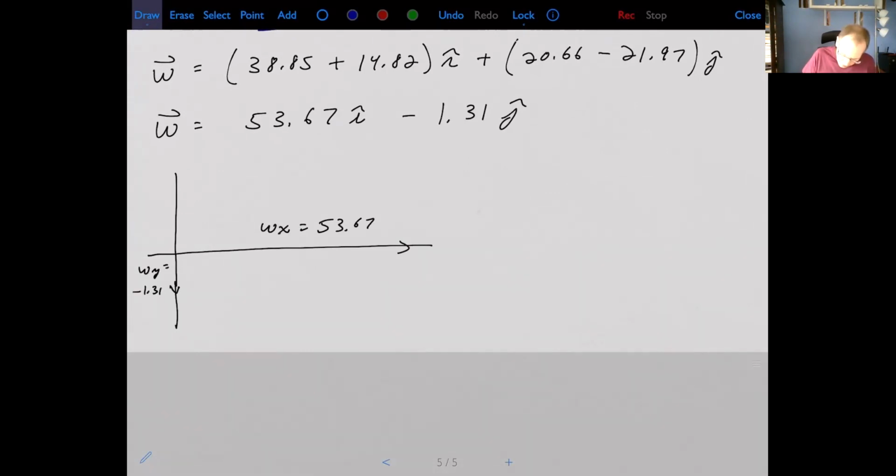So it looks like W is going to be in the fourth quadrant, or vector A minus B is going to be in the fourth quadrant. So it's going to look like this. And this is our angle. Let's call it phi again. So that's W. So how do I find the magnitude and the direction?